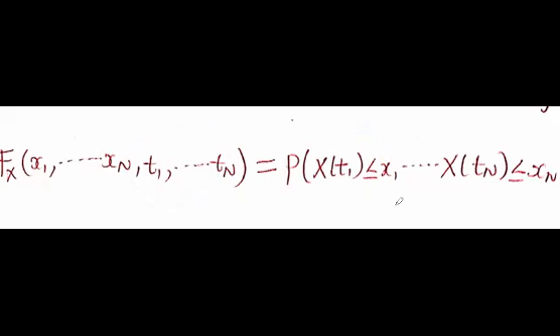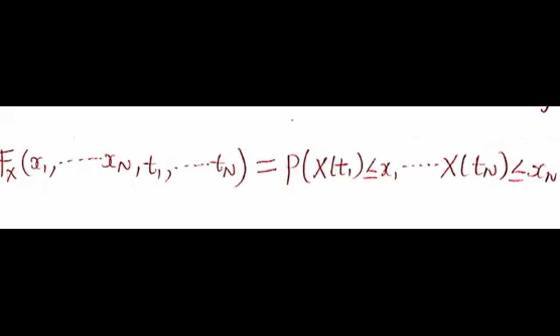The second one is X(t2) less than or equal to small x2, and so on. The nth one is written as capital X(tn) less than or equal to small xn.